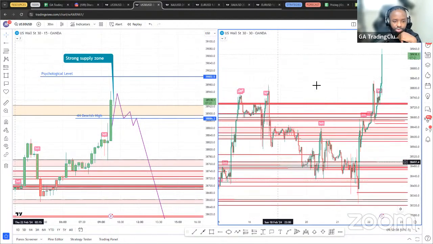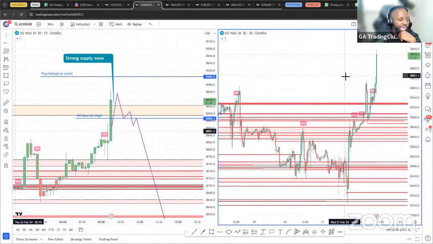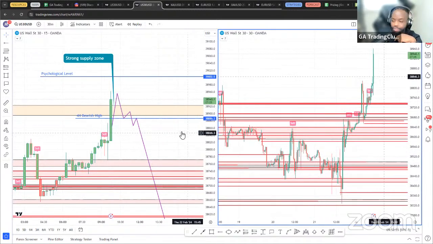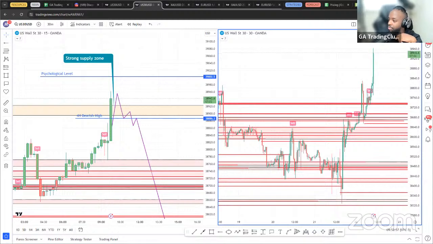Historically I normally expect US 30 to drop from the last week of January or first week of February, but they've just been saving this asset almost every time it drops down. But I'm hoping I don't get stopped out on those small lot trades.